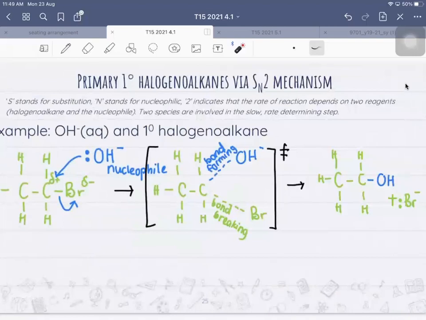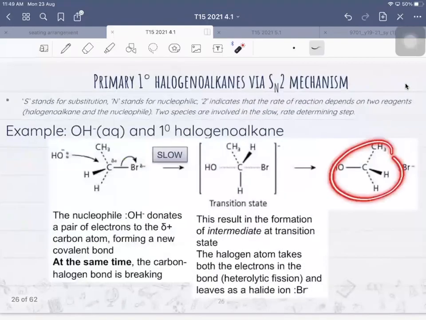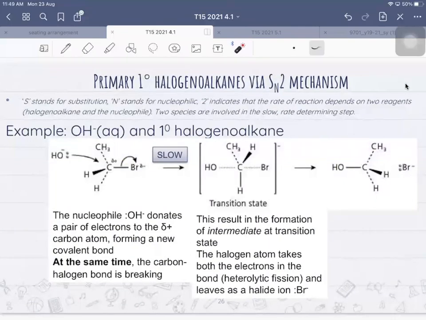But this dotted is not a 3D drawing. That is just showing you that the bond is on the way to be broken and on the way to be formed. Okay, so this is not a 3D drawing. This one is just showing you extra information. The reason for this is because they want to show that whenever these attacks happen, the nucleophile will attack from the back, on the opposite side of where your halogen was. Okay, so that's why there's a change in shape there.